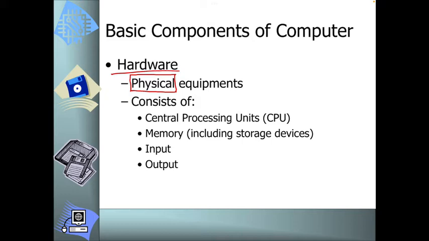If you want to talk about the hardware or physical equipment of a computer, this physical equipment first refers to what we call the central processing unit, or CPU, and sometimes we call it the processor. What is a processor? We can say that this is the computer's brain.